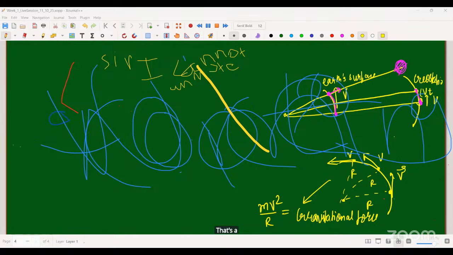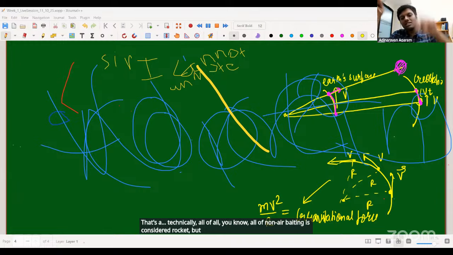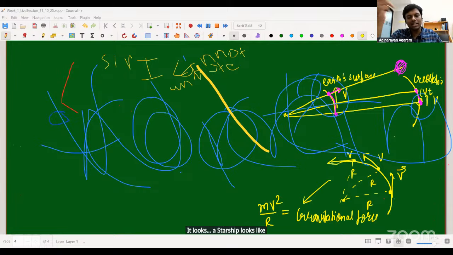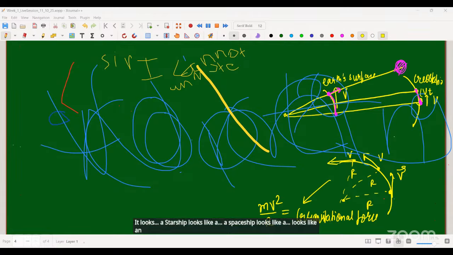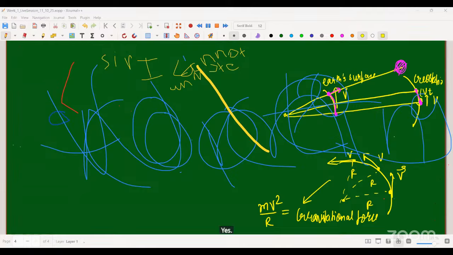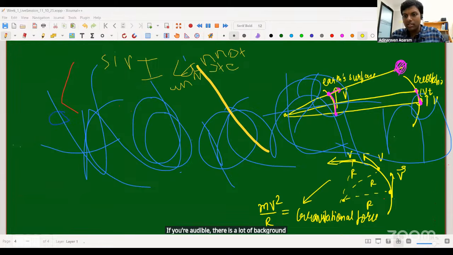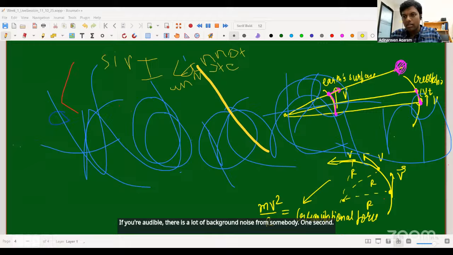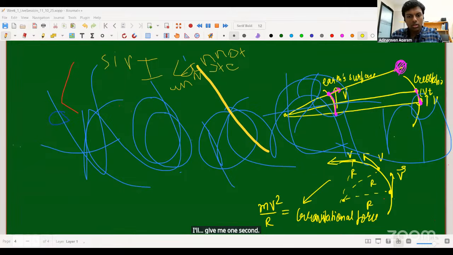Technically, all non-air breathing is considered a rocket, but a spaceship looks like an aeroplane which is non-air breathing. There is a lot of background noise from somebody. Give me one second.